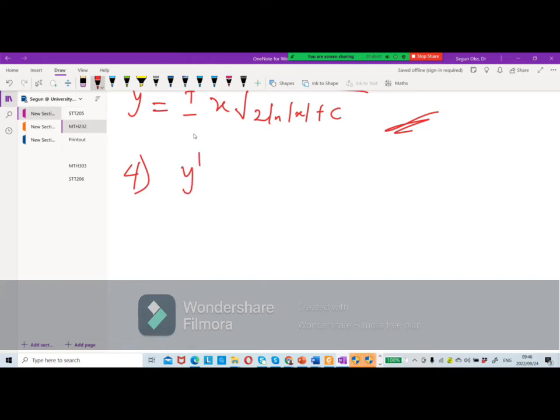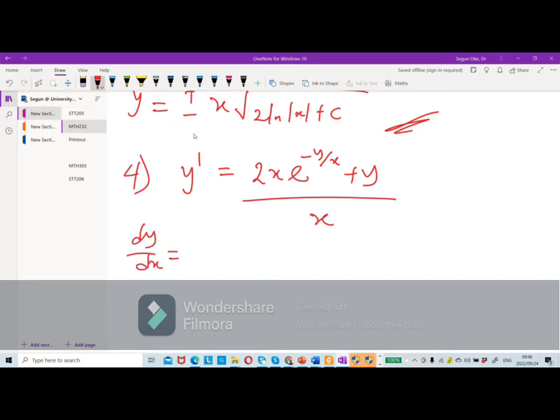y prime equals 2x exponential minus y over x plus y divided by x. So when you have something like this, what you need to do is dy dx equals 2x exponential minus y over x plus y all over x.